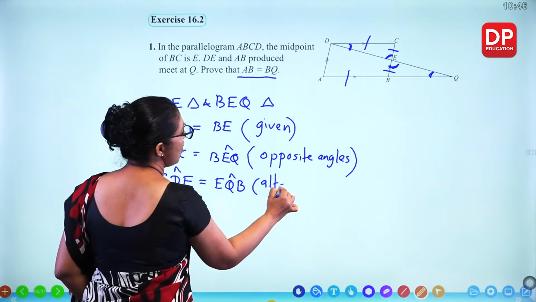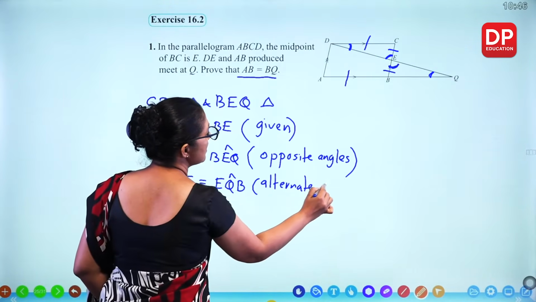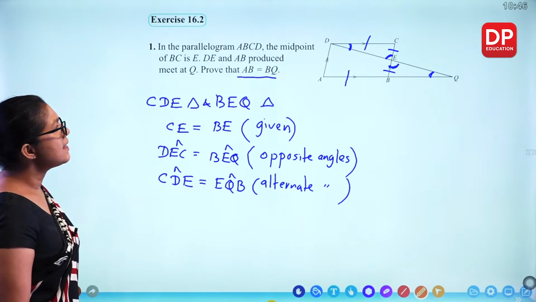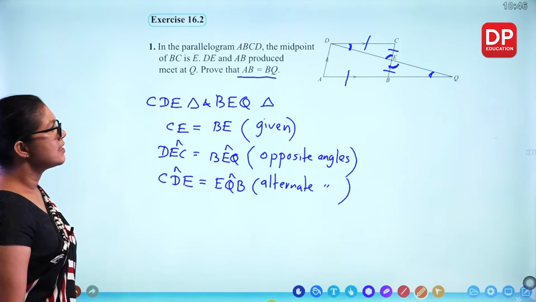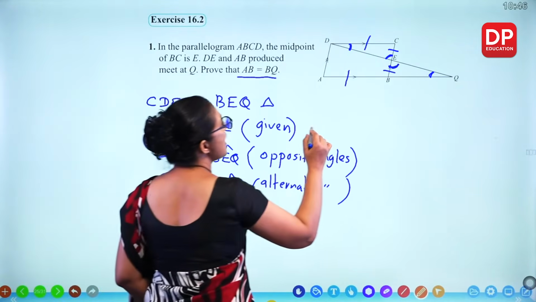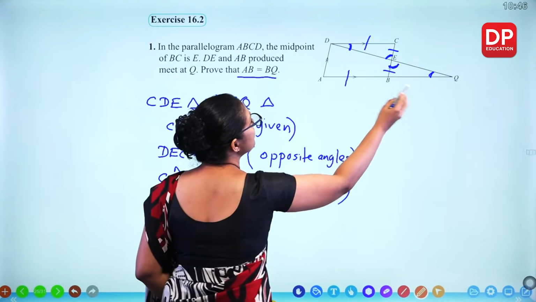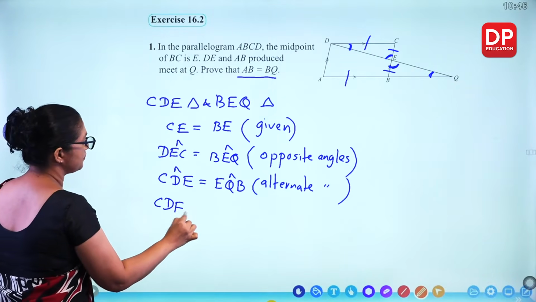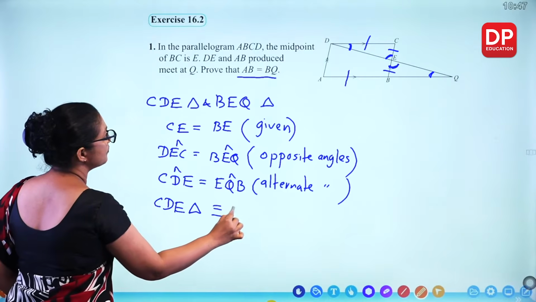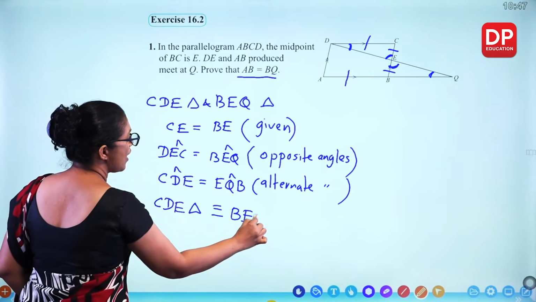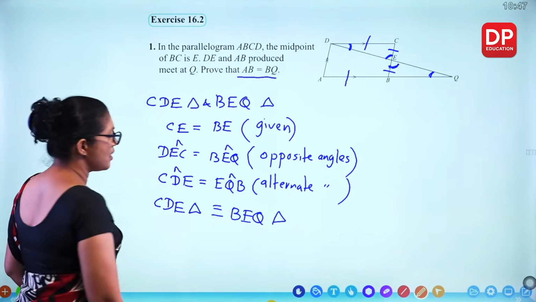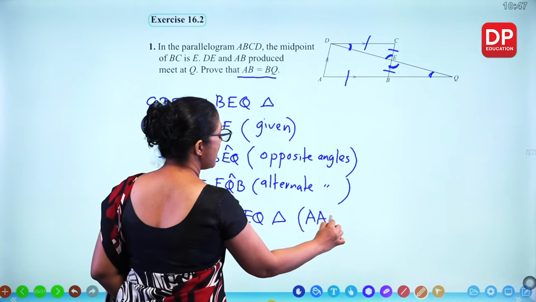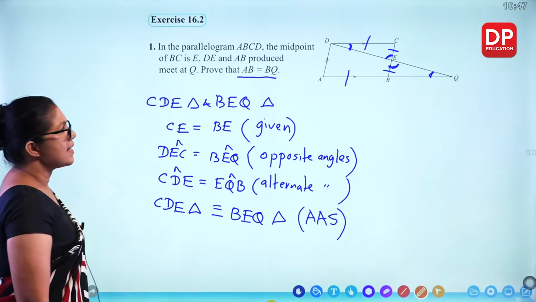That's alternate angles. We have two angles and one side. Two angles and one side means these two triangles are congruent. What's the situation? Two angles and one side.